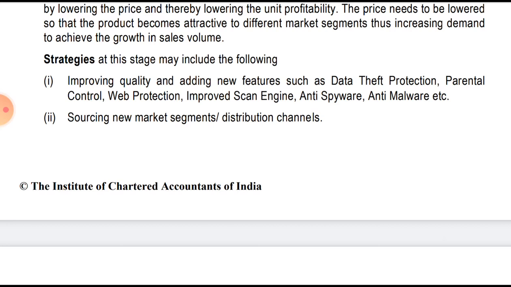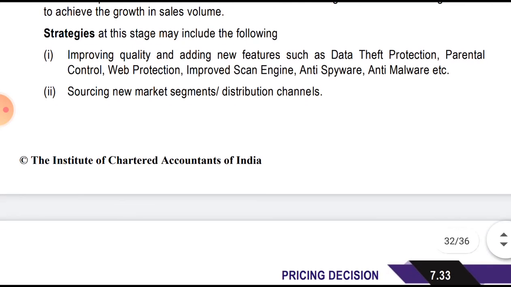Then strategies at this stage may include improving the quality and adding new features. In the growth stage, the strategies discussed are improving the quality and adding new features such as data protection, parental control, web protection, improved scan engine, antivirus, anti-malware, anti-spyware.